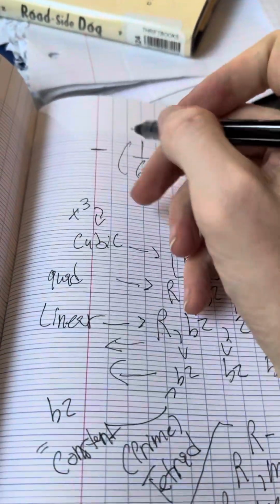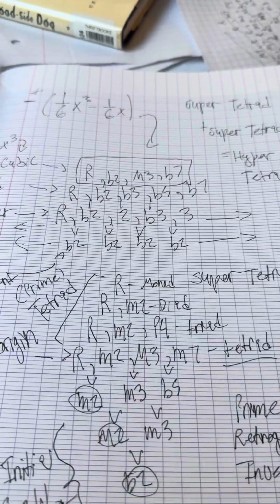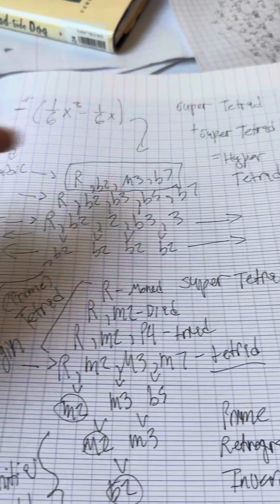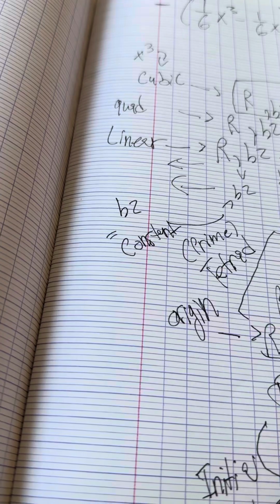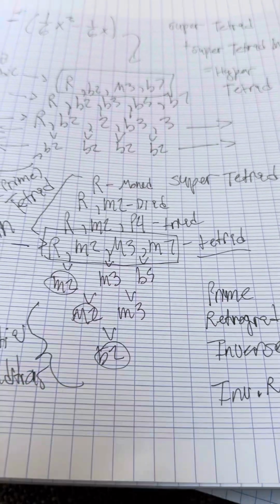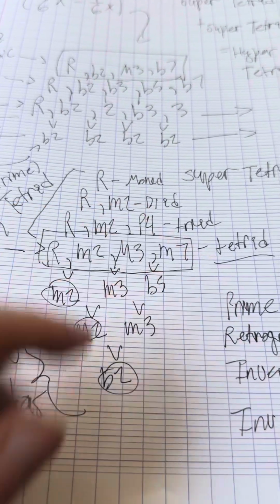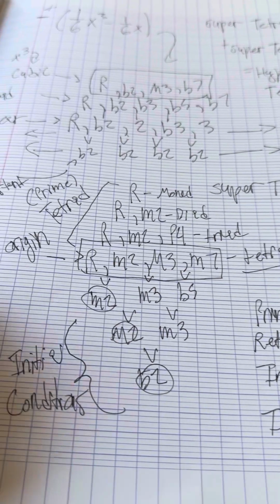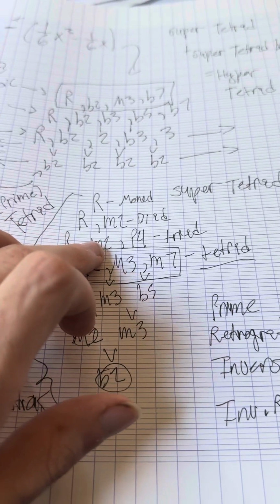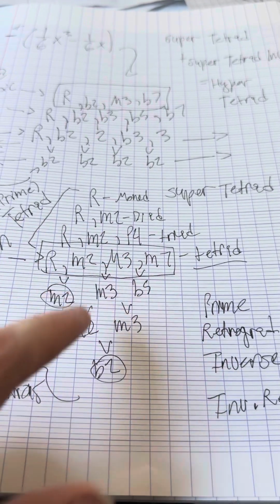And sorry, this is prior to this video, but let's just say plus or minus. And when we take this and we put this, sorry, forgive me for the camera movement, but when this is our tetrad, and we have the derivatives of our tetrad, and then we have the integrals of our tetrad, this is going to give us our tetrad structure, which gives us our monad, our dyad, our triad, and our tetrad.